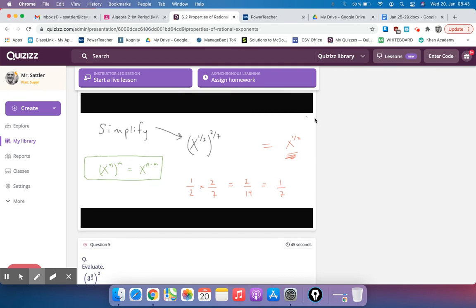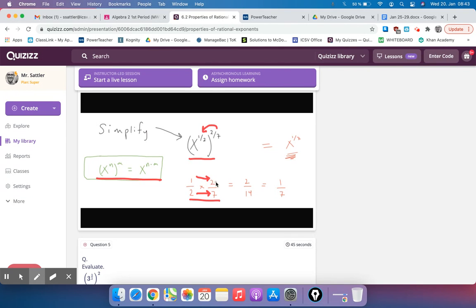Okay, a little bit different when we have a problem like this where we have a power in parentheses and then another power outside. We multiply those together. That's what this property says. So that means 1/2 times 2/7. I did that down here. Now when you multiply fractions, you don't need the same denominator. You just multiply numerator times numerator, denominator times denominator, and then simplify.